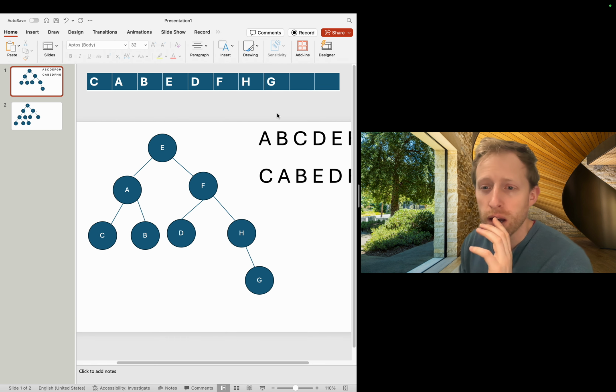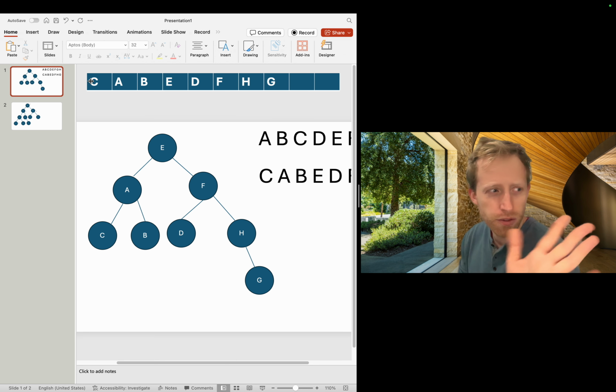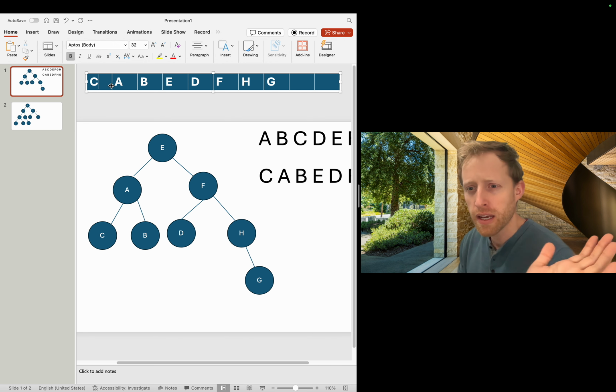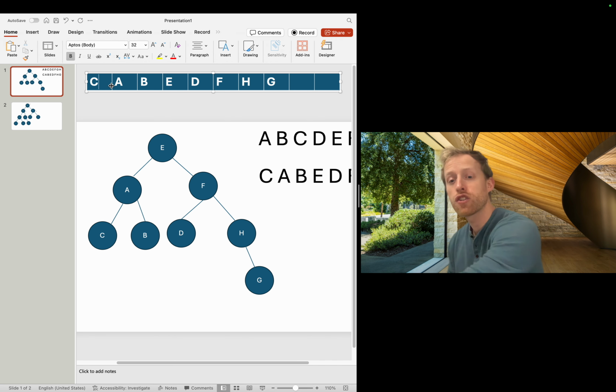This is an array, and as you'll hopefully recall, I explained how this is stored in your computer's memory in contiguous chunks of memory.